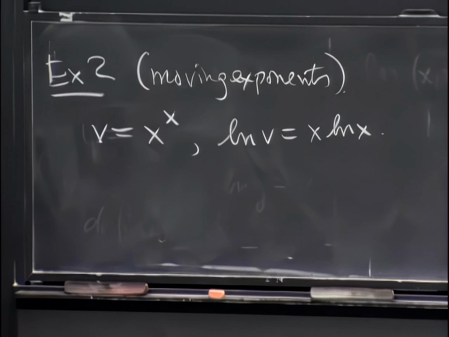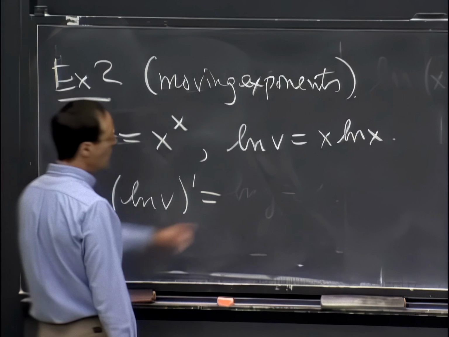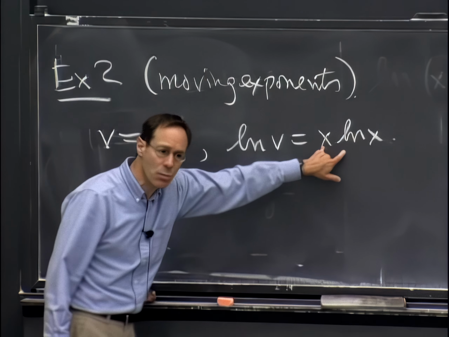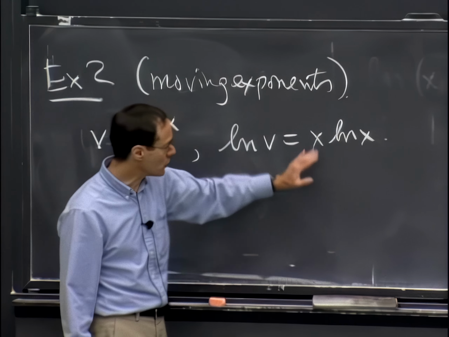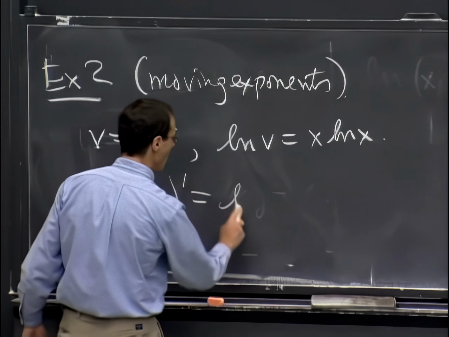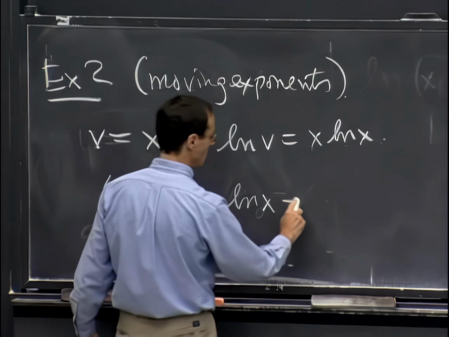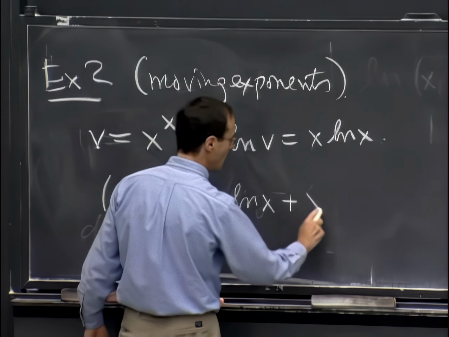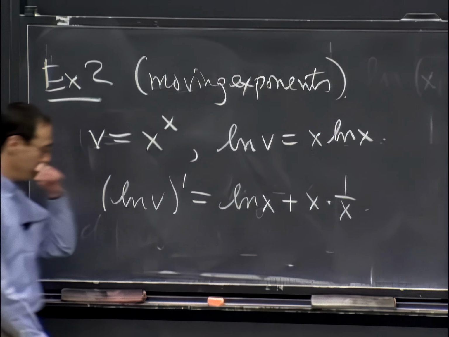And now I differentiate it. And now when I differentiate this, here I have to use the product rule. This time, instead of having log a constant, I have a variable here. So I have two factors. I have log x when I differentiate with respect to x. When I differentiate with respect to this factor here, I get x times the derivative of that, which is 1 over x. Okay?